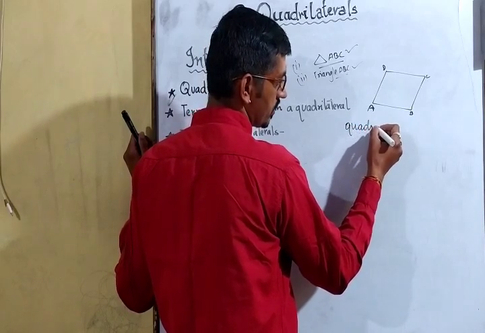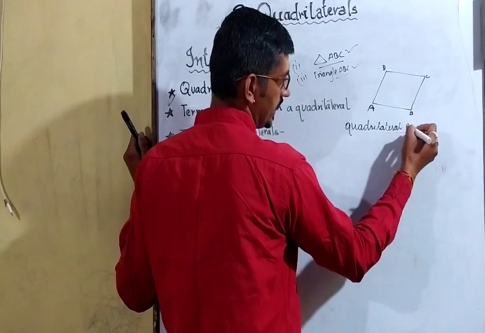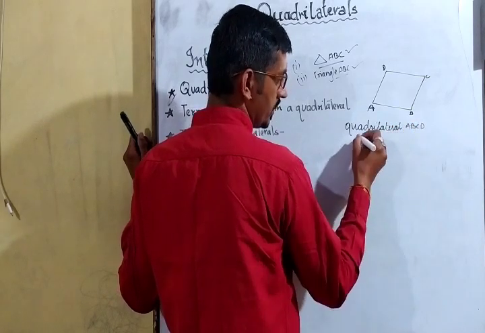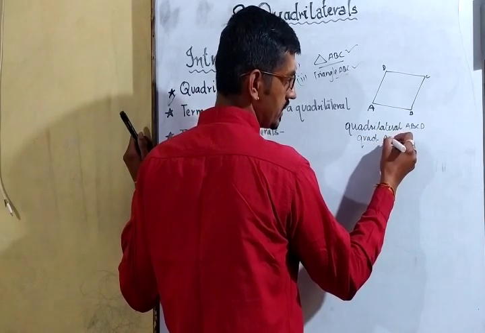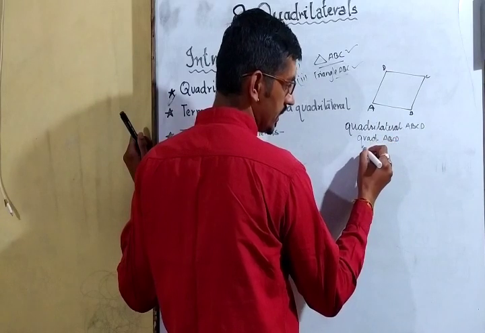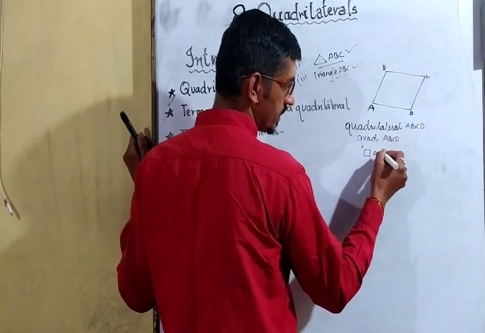Quadrilateral ABCD, or quad ABCD, or otherwise a small square or a four-sided closed figure, and ABCD.